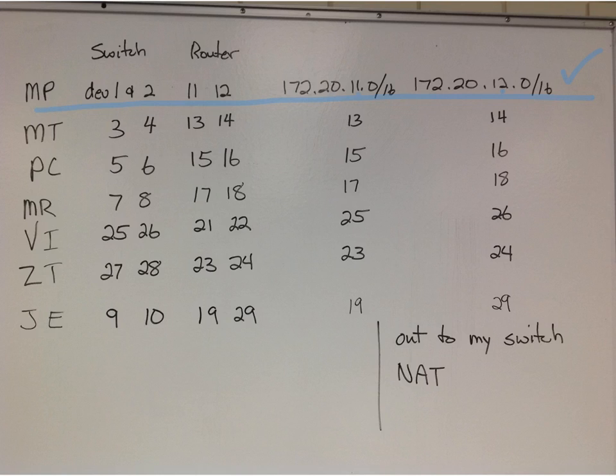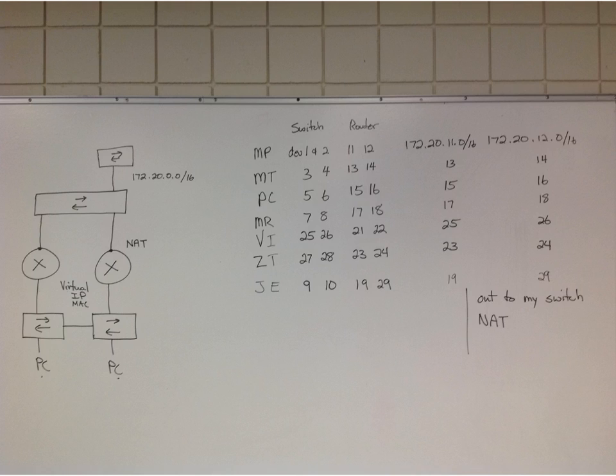So those won't cross over with the next person, who will use the same addressing, right? Except 13, 14, 15, 16, 17, 18, 25, 26, 23, 24, 19, and 29. Okay, so they're going to be doing NAT out to the switch that we hooked up to, and then that switch is hooked to the switch. So they should be able to access the internet when it's all said and done.